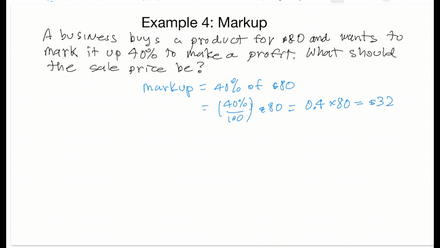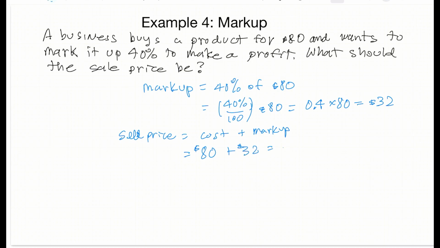So now the selling price with the markup, the sale price, is equal to the cost that the vendor had to pay for it, plus the markup. So it cost them $80 to buy the product, and then the markup was $32.